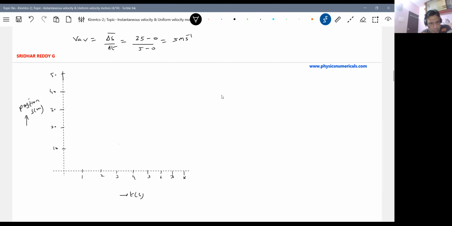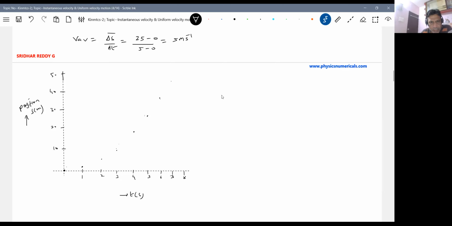At t equals 0, it will be 0. At t equal to 1, it will be 1 meter. At t equal to 2, it will be 4. At t equal to 3, it will be 9. At 4, it will be 16. At 5, it will be 25. At 6, it will be 36.